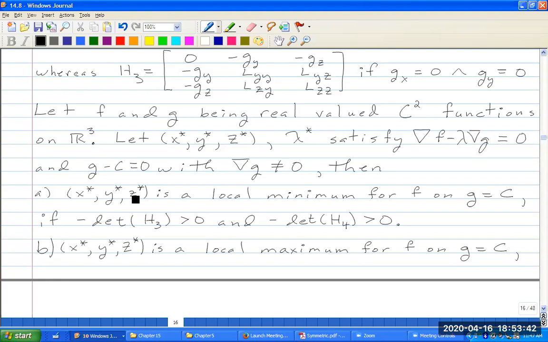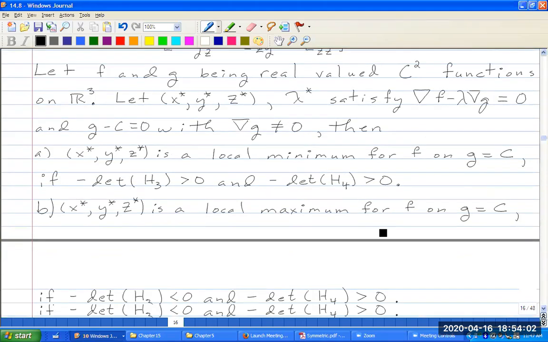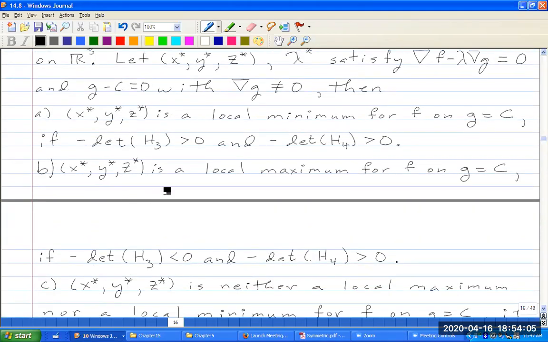X star, Y star, Z star is a local minimum for F on G equaling C if, in this case, I have to have two conditions: minus the determinant of H3 is greater than 0 and minus the determinant of H4 is greater than 0. X star, Y star, Z star is a local maximum for F on G equaling C if minus the determinant of H3 is less than 0, and now I have to alternate, and minus the determinant of H sub 4 is greater than 0.